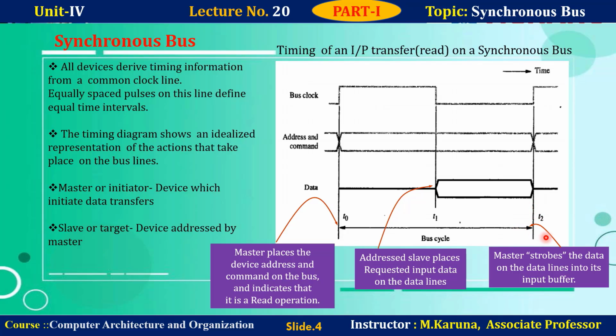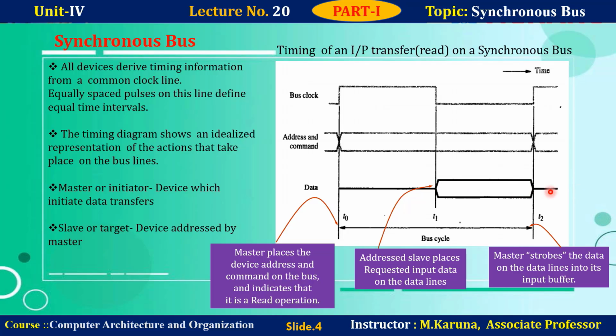Here strobe is nothing but capturing the values of the data at a given instant and storing them into a buffer. The period from T1 to T2 must be greater than the maximum propagation time on the bus plus the setup time of the input buffer register of the master.